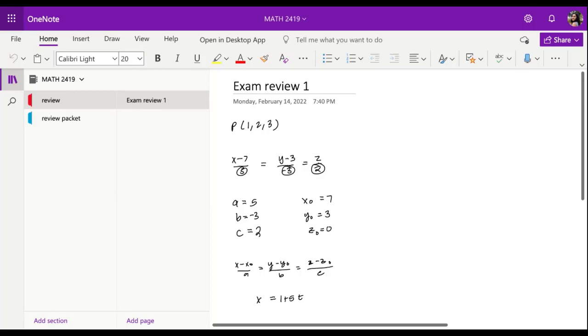And so somebody give me the equation for the y, based on what we just did with this x. 1 plus 3t.